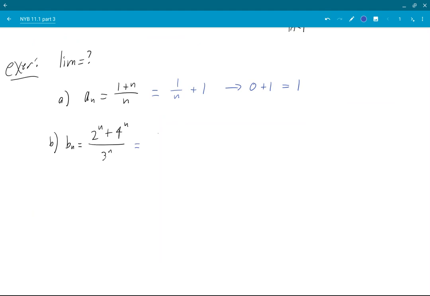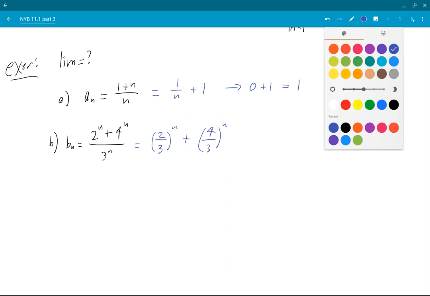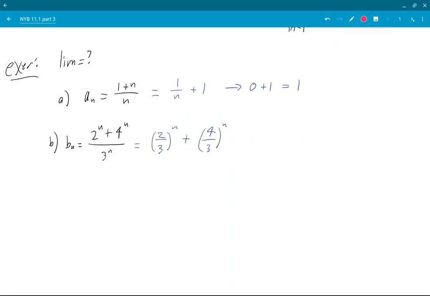Here we get 2 over 3 to the n plus 4 over 3 to the n. This is convergent and this is divergent, since r is less than 1 here in absolute value and r is bigger than 1 in absolute value.